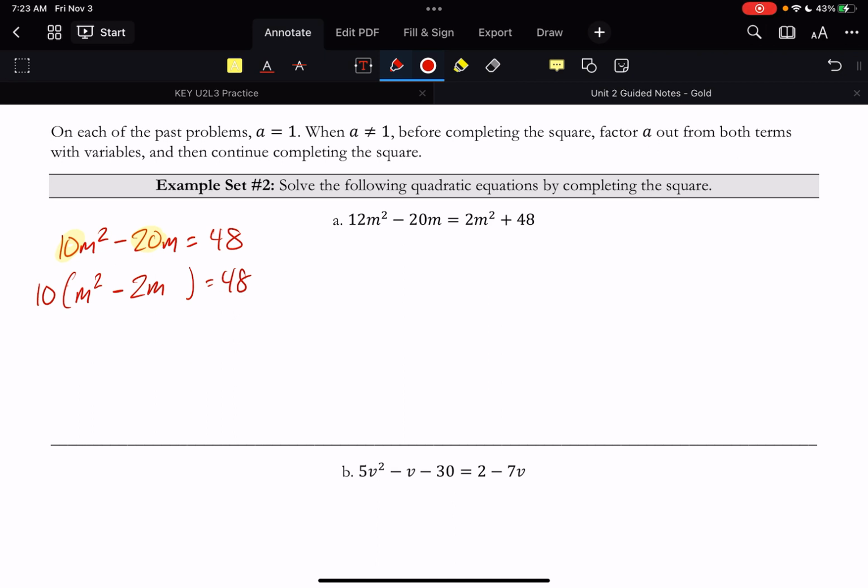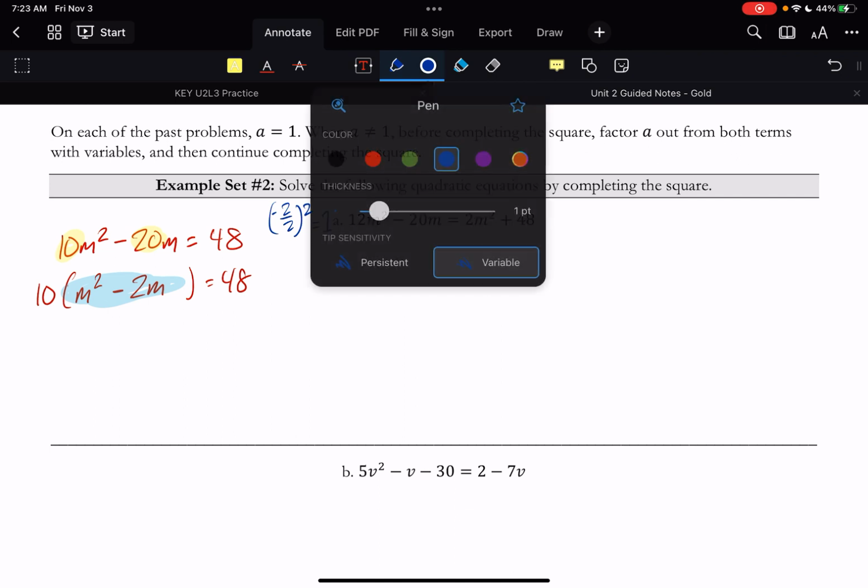Now what I'm trying to do is work with this m squared minus 2m as my quote-unquote completing the square. I'm going to treat that negative 2 as my b value. So I'm going to do negative 2 over 2 squared, and that is negative 1 squared, which is just 1.